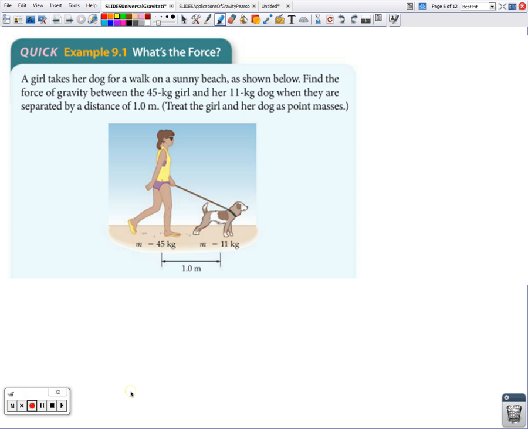Real quick, let's just see how the formula works. Quick example 9.1: a girl takes her dog for a walk on a sunny beach as shown below. Find the force of gravity between the 45 kilogram girl and her 11 kilogram dog when they are separated by a distance of 1 meter.